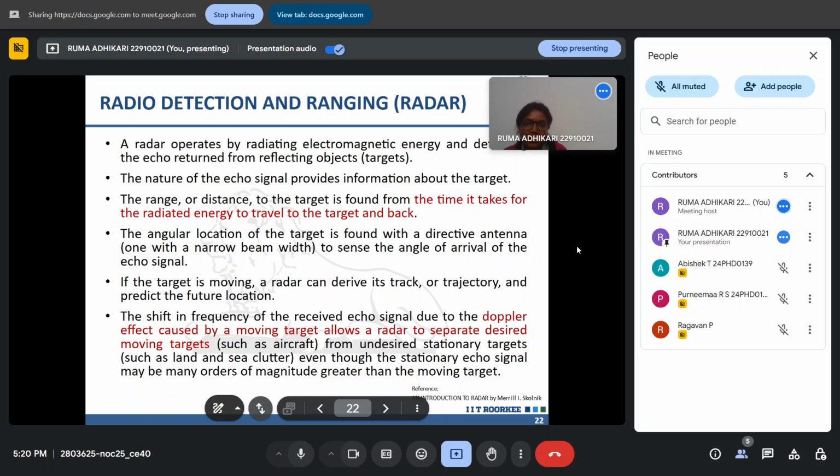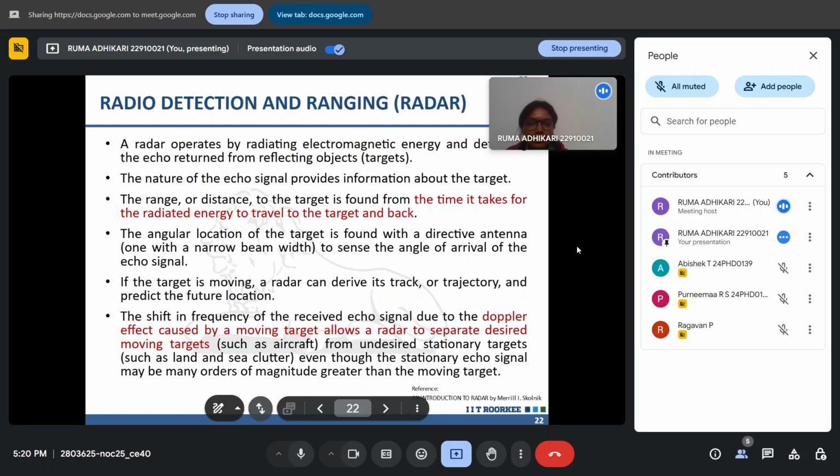That's it. This is the way it will capture or store the received signal, and it will analyze it. That is what the radar does.